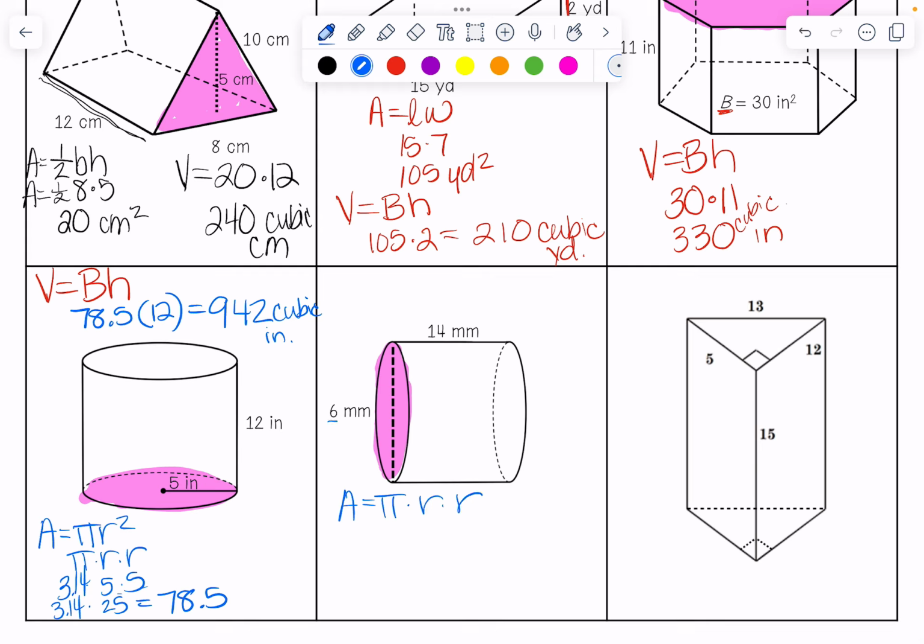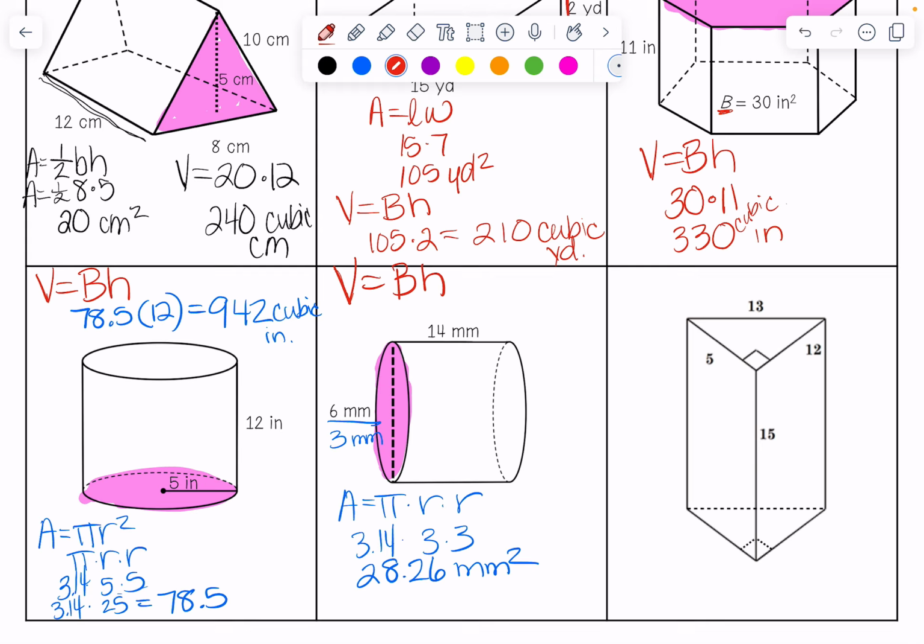Here, the 6 millimeters is my diameter, which means my radius is 3 millimeters. So I'm going to do 3 times 3 times 3.14, and I get 28.26 square millimeters.